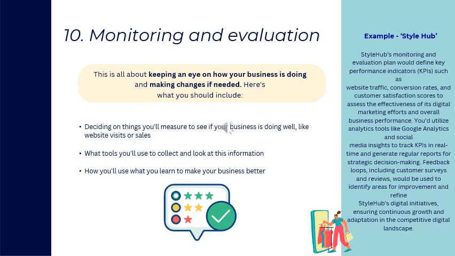You'd utilize analytic tools like Google Analytics and social media insights to track KPIs in real time and generate regular reports for strategic decision making. Feedback loops, including customer surveys and reviews, would be used to identify areas for improvement and refine Style Hub's digital initiatives, ensuring continuous growth and adaptation in the competitive digital landscape.